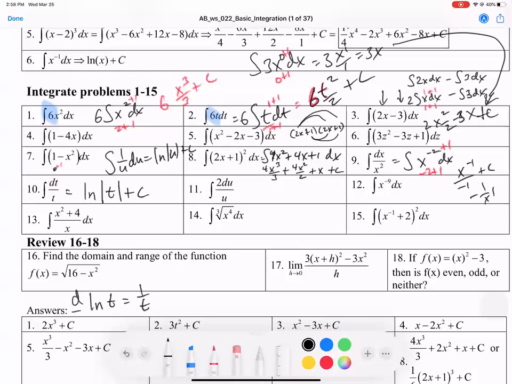That's the derivative. On number 11, there's a 2. Fine, rewrite it: 2 times the integral of du over u. That's back to our identity. Natural log of absolute value of u plus c.